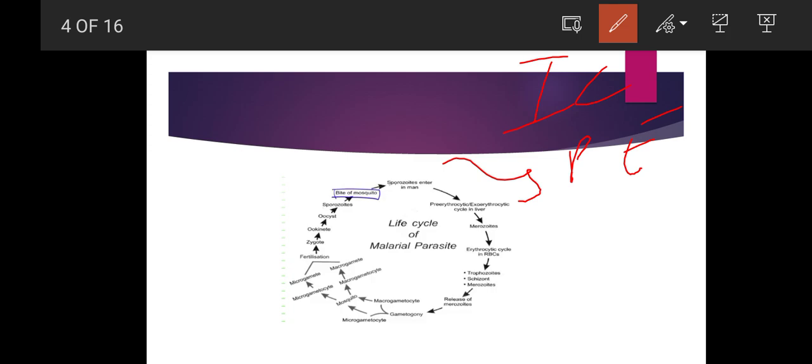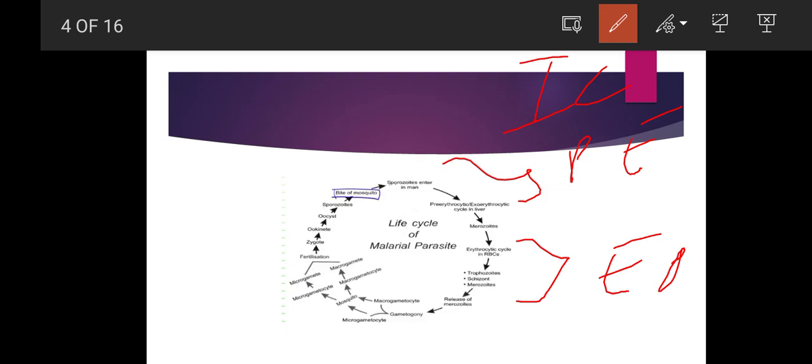red blood cells. Now in the red blood cells, this merozoite will give rise to new trophozoites, and this new trophozoite will give rise to schizonts, and schizonts will give rise to merozoites again, and this phase is called the erythrocytic phase, where the merozoite will rupture the erythrocyte in the bloodstream.